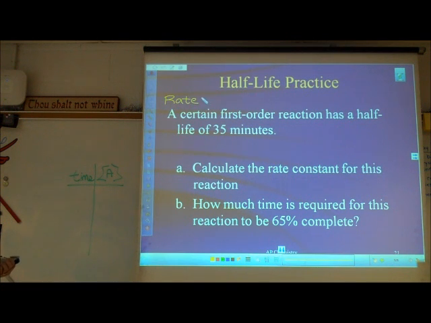Here's a first order rate law. First order meaning it has an exponent of 1. I might use that one. It's first order, so I could also use the integrated rate law. That's available to me. And I have a half-life equation as well.